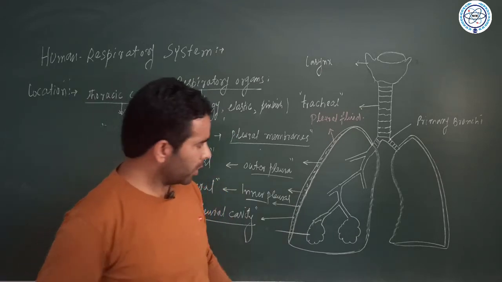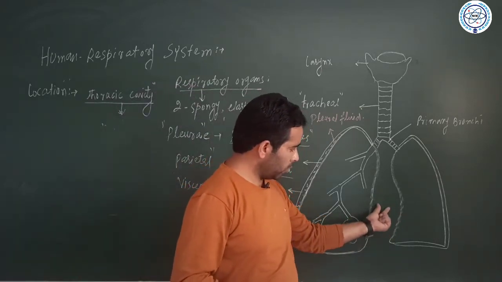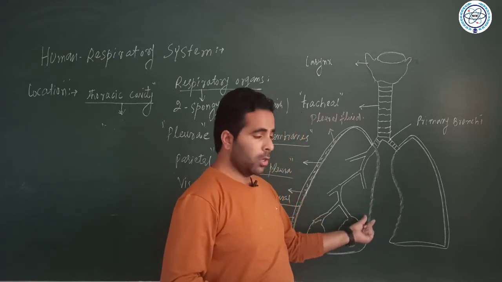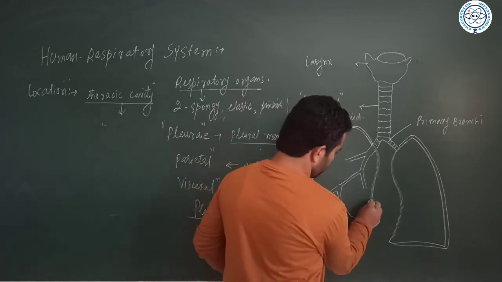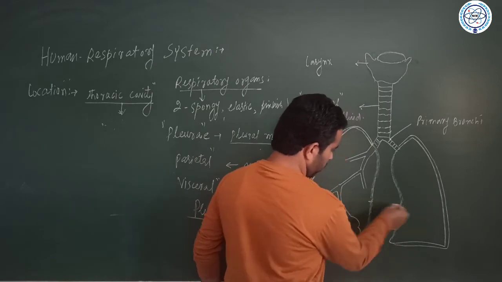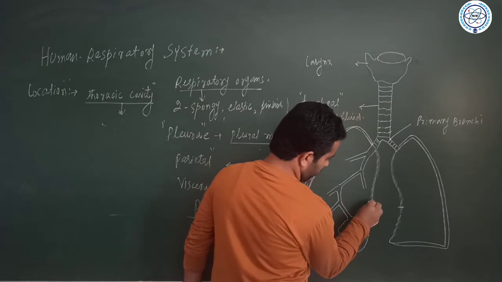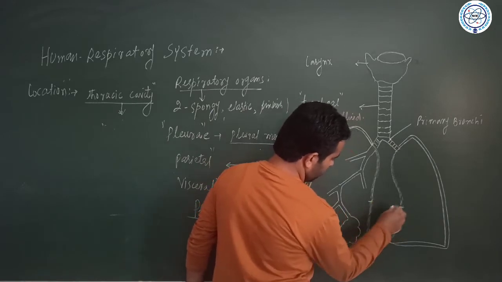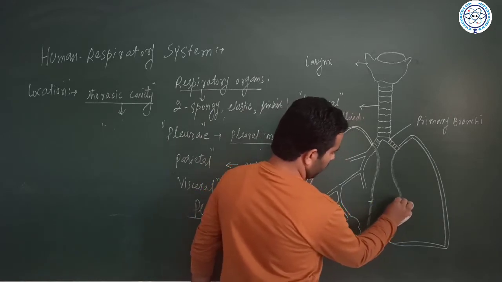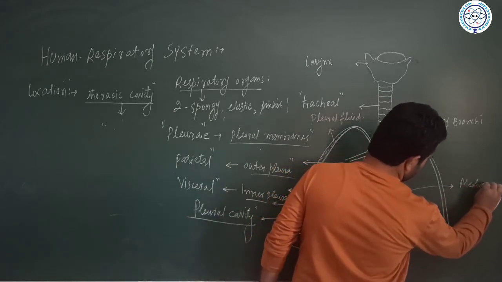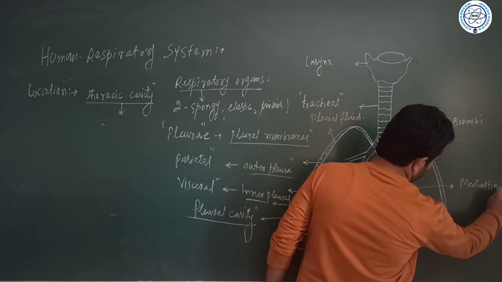Now there is also a space between the two lungs here. You can see there is an interval between this pleura and this pleura, the right and the left, which includes the two pleura of the two lungs. This is again a very important space, known as the mediastinum.